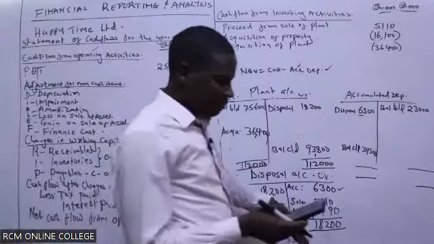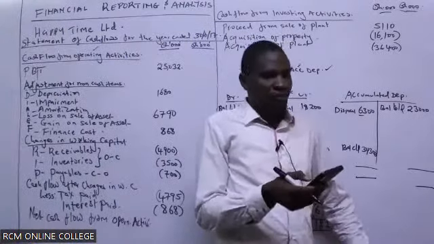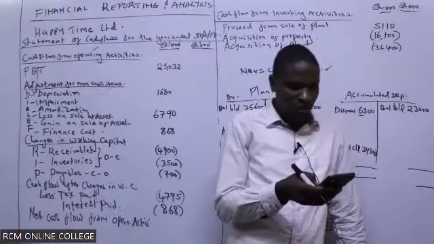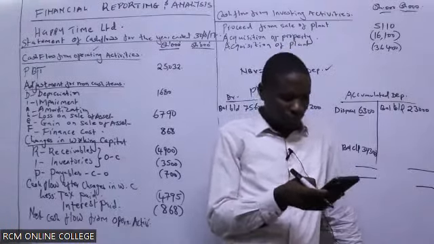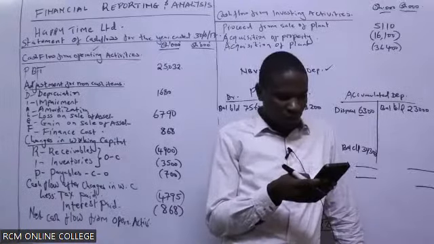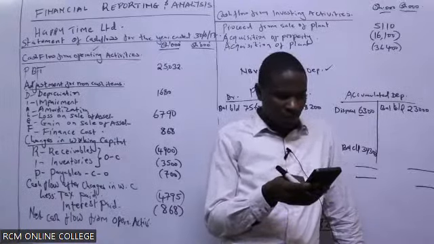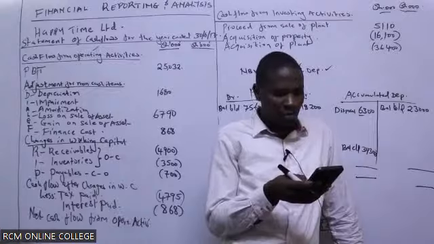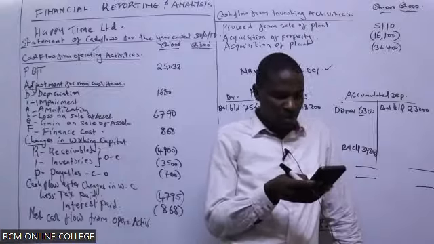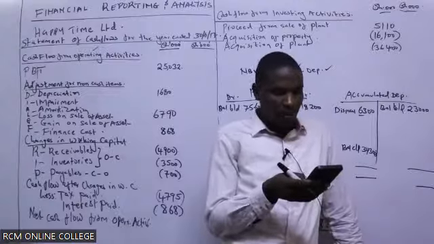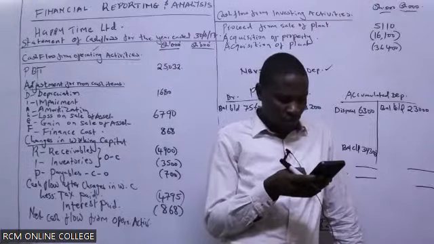Any other item that will affect our accumulated depreciation in this case? Sioni kama kuna any other item. All right. I don't think so. When you balance our accumulated depreciation, unapata ngapi? Just look at what we have.